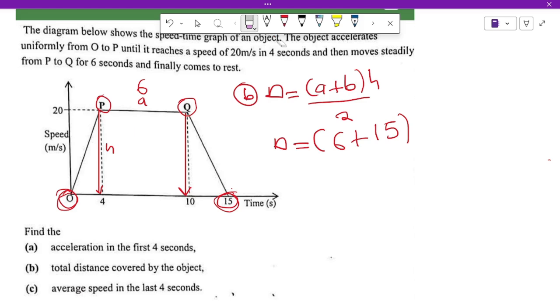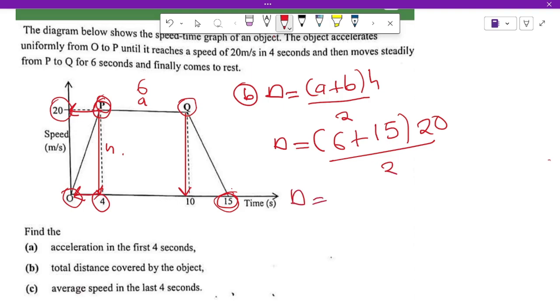How do you check? You get that value from the axis for speed. So the distance from there to there, you get the value from here up to there. So I'm going to say 20 minus 0, giving you a 20. Then everything over 2.